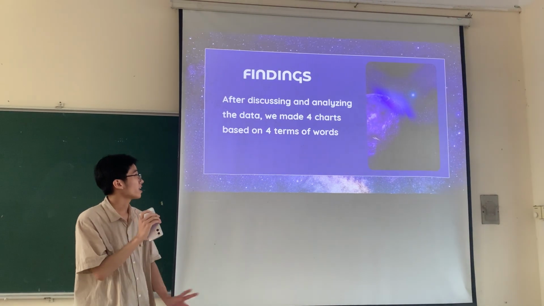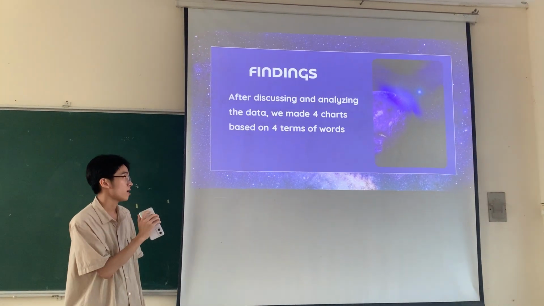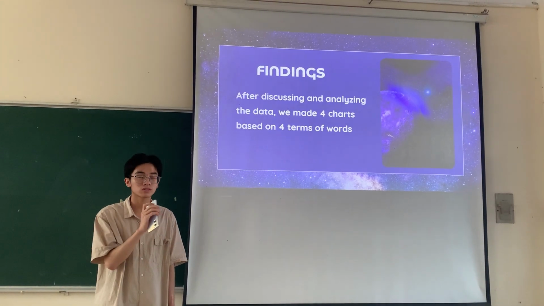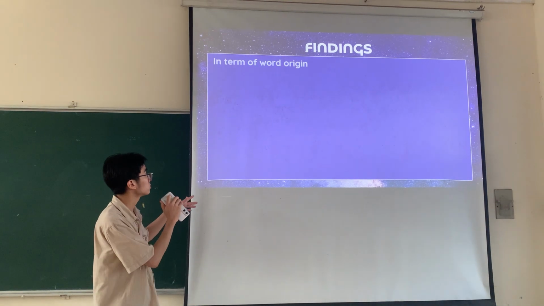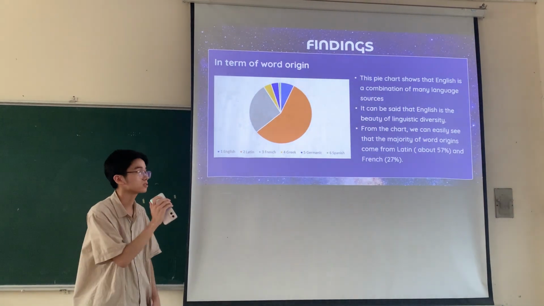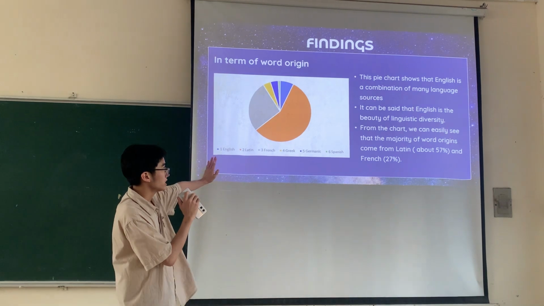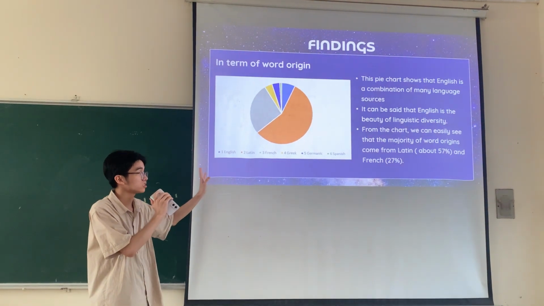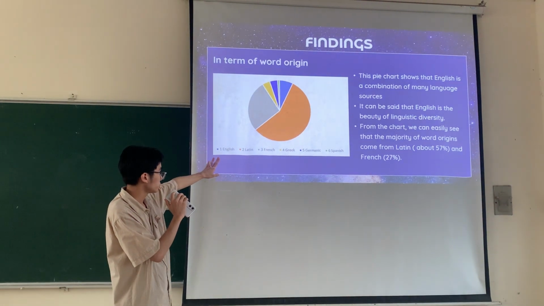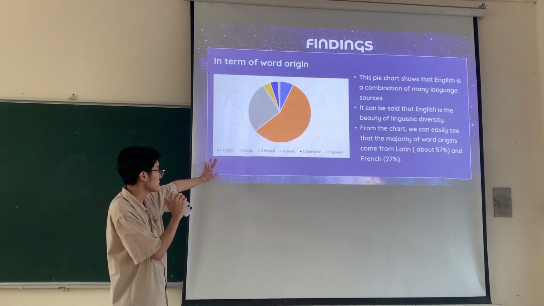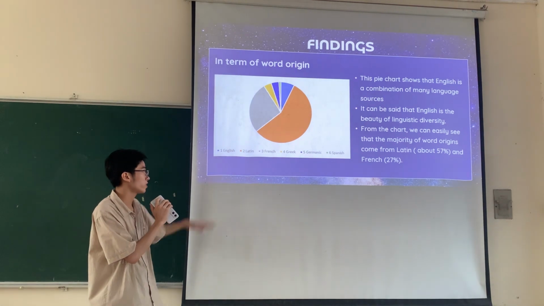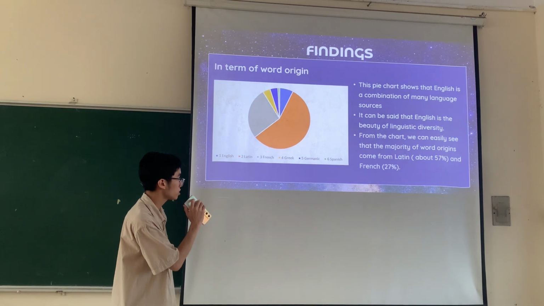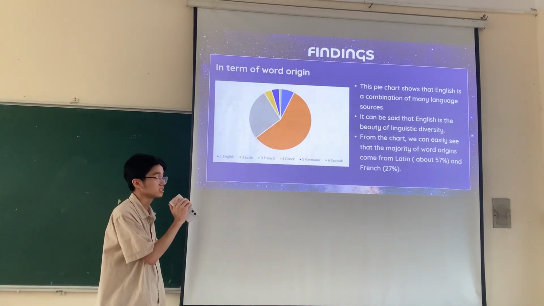After discussing and analyzing the data, we have 4 charts based on 4 terms of words, and the first chart is in terms of word origins. This pie chart shows that English is a combination of many language sources, and we have 6 sources: Old English, Latin, French, Greek, German, and Spanish.